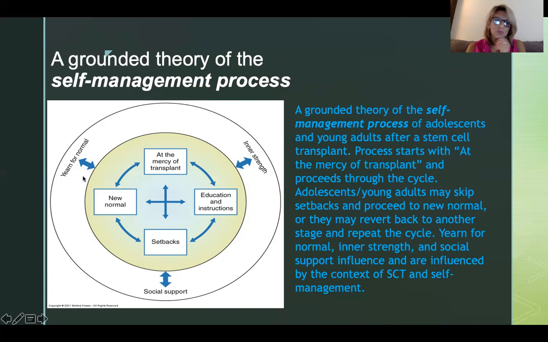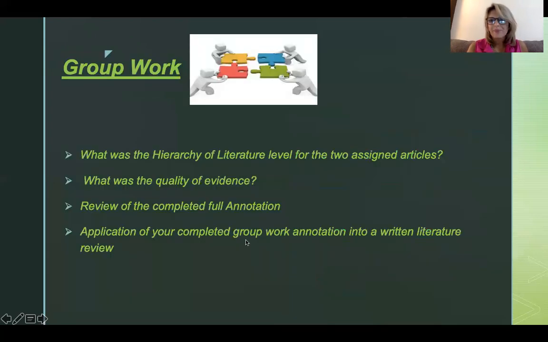Do they have social support? Are they yearning for being normal again and not having had to undergo something like this? What kind of inner strength and motivation do they have? All of these factors are going to influence the outcomes of this patient and how they self-manage dealing with it.